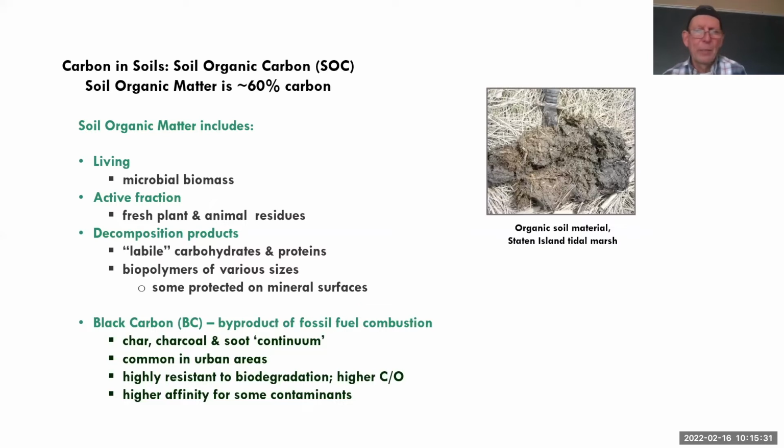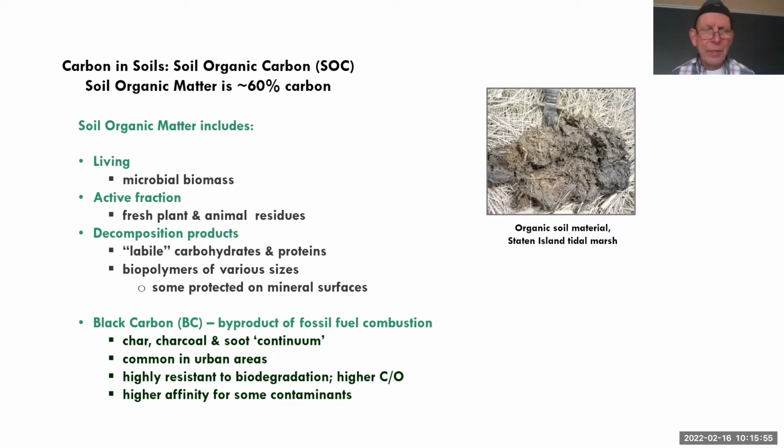And then there's black carbon. Black carbon is a byproduct of fossil fuel combustion, and it includes charred plant material, charcoal, and soot. There's a whole continuum of materials included under black carbon, and it's very common in urban areas. A couple of reasons why black carbon is important.